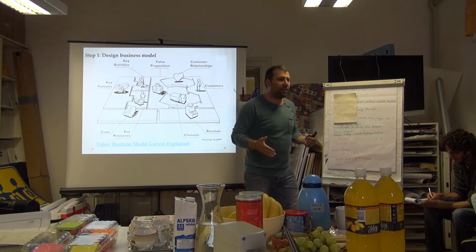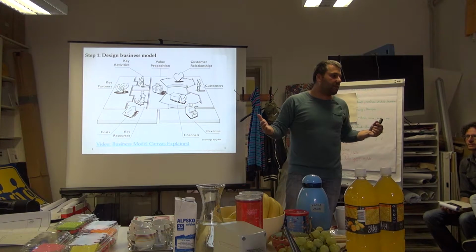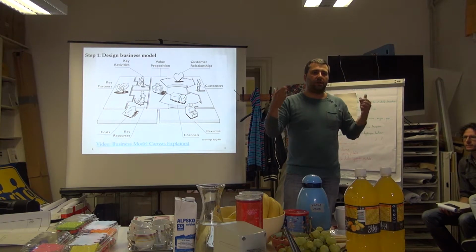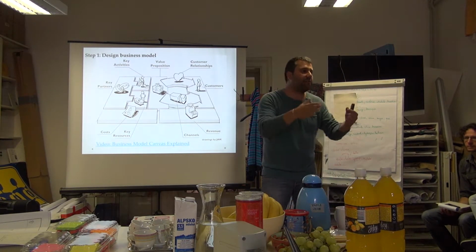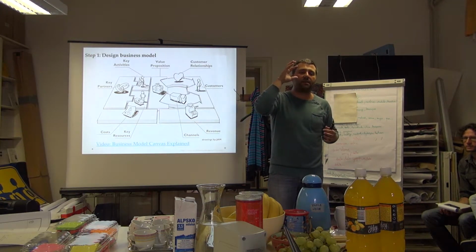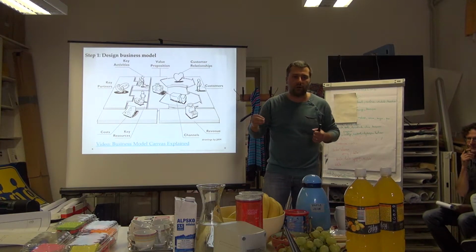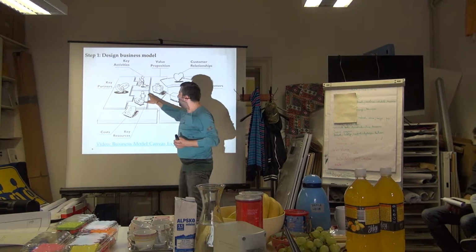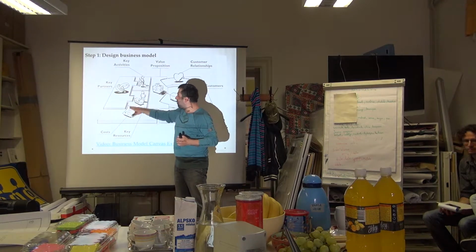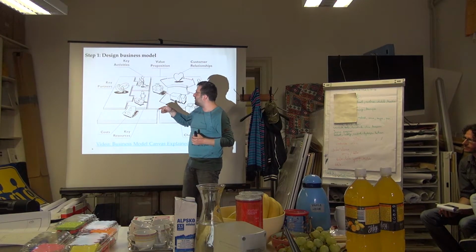Like if you have a kitchen and you don't know how to cook, this is the missing resource, and it's knowledge. You can have a kitchen and a car and everything, but the missing part is non-material knowledge, so knowledge of how to cook. So in that part you write all of the resources you need, the material and non-material.